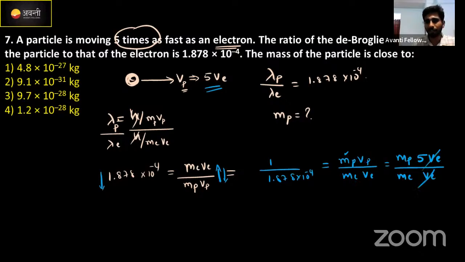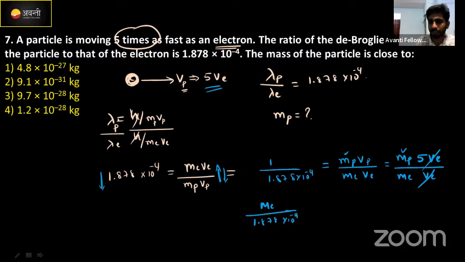Remaining thing is that mass of proton चाहिए ना, then take 5 to left hand side. Okay, mass of electron divided by 1.878 into 10 to the power of -4 होता है, correct ना.